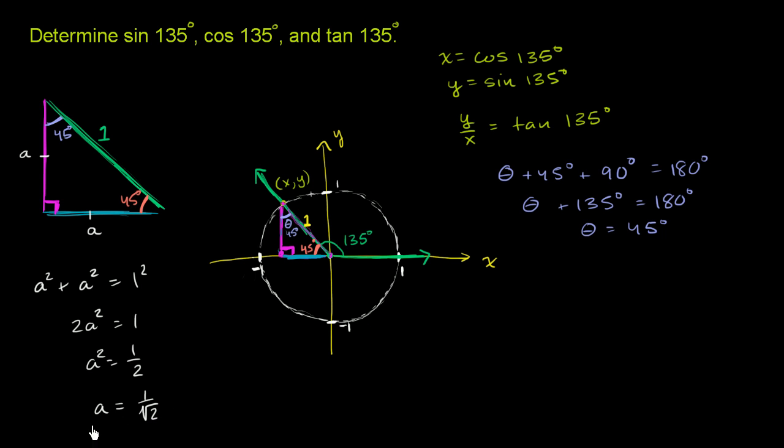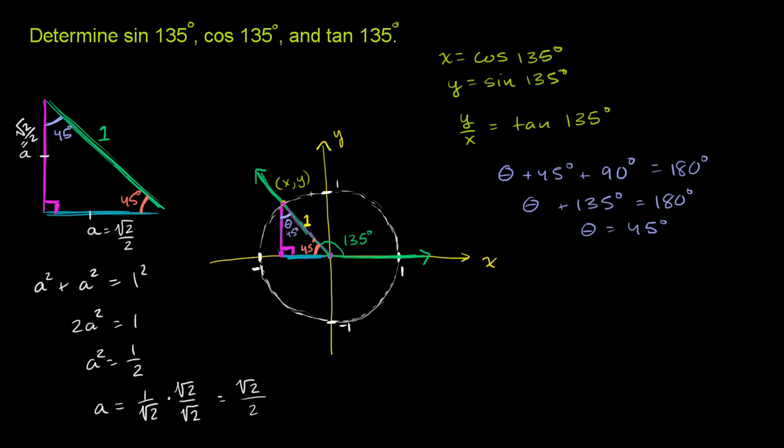And if you want to rationalize the denominator, you can multiply by the square root of 2 over the square root of 2, not changing the value. So this gives you square root of 2 over square root of 2 times square root of 2 is just 2. So a, or the side of this thing, is equal to square root of 2 over 2, and this is equal to square root of 2 over 2.